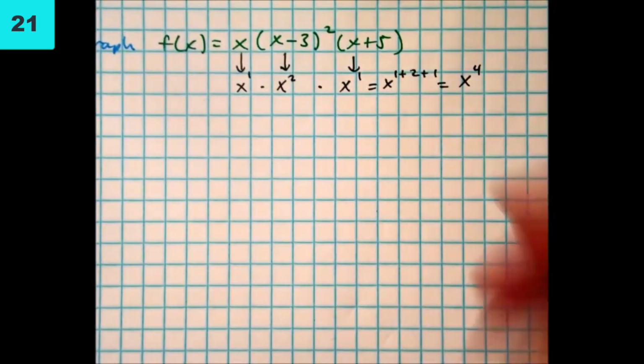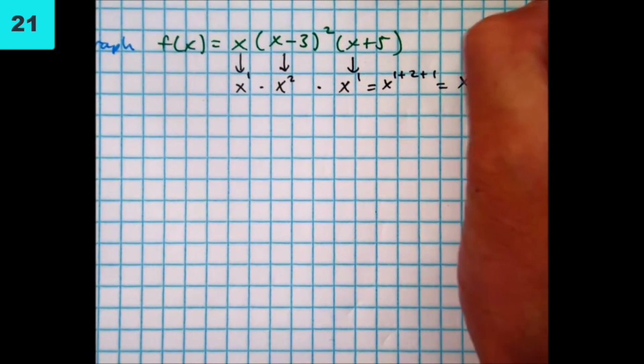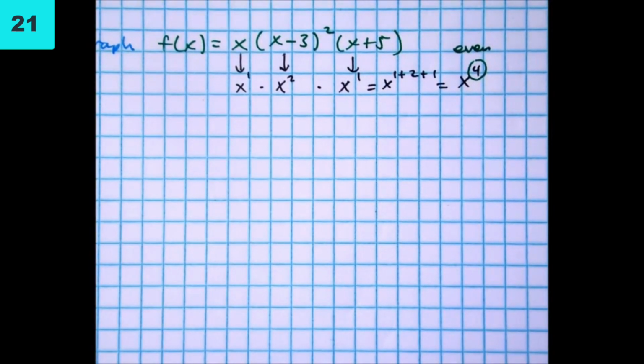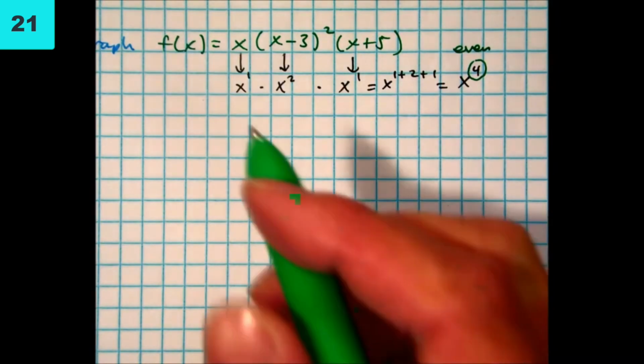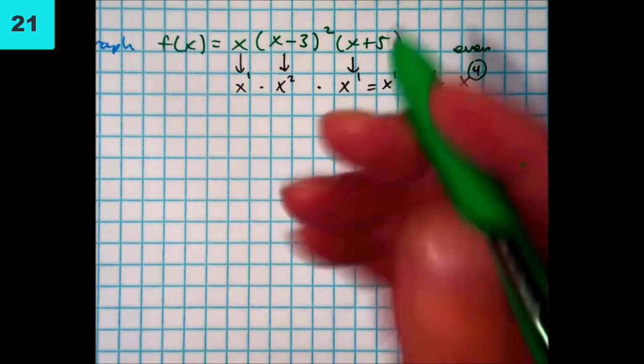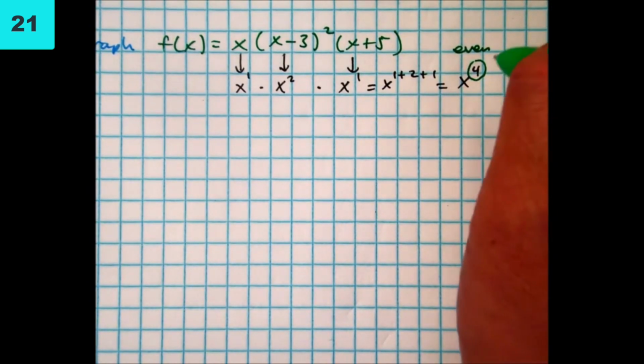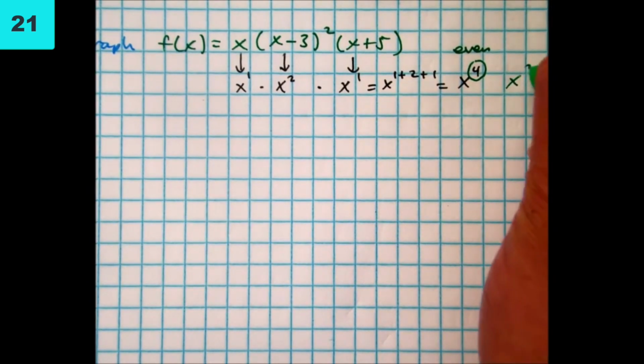Now, is 4 even or odd? Even. I have to think back to what is the easiest even one we know. Quadratic. It's a quadratic one. I have x squared.